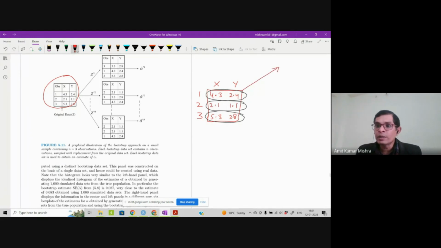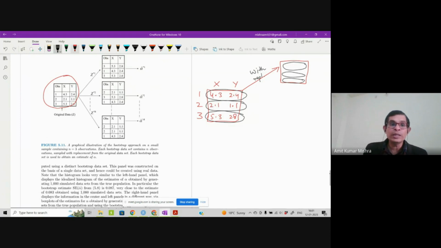resample from here one sample of same size, remember that size must be same, that means 3, and with replacement. That means these data points can be repeated.